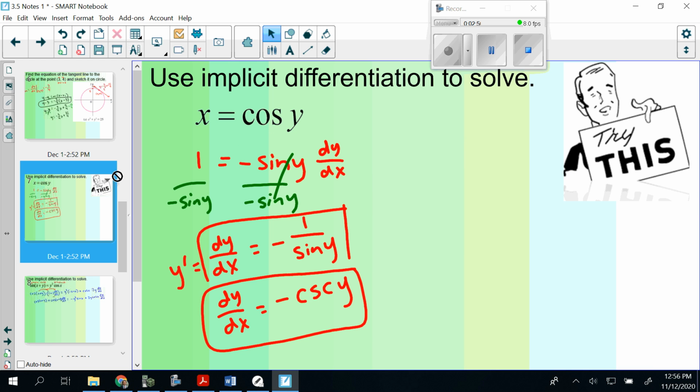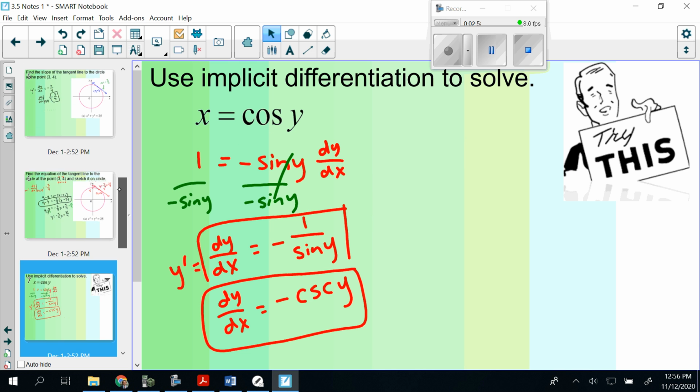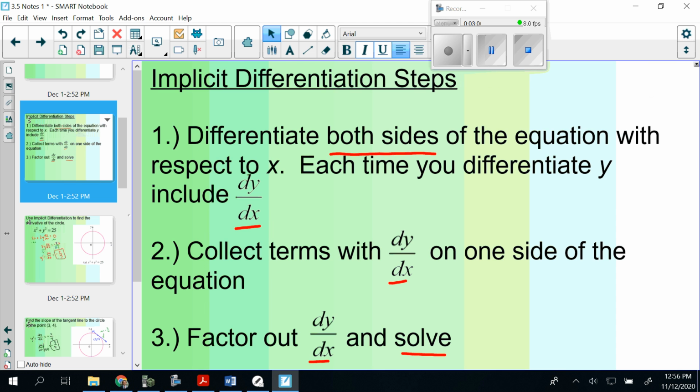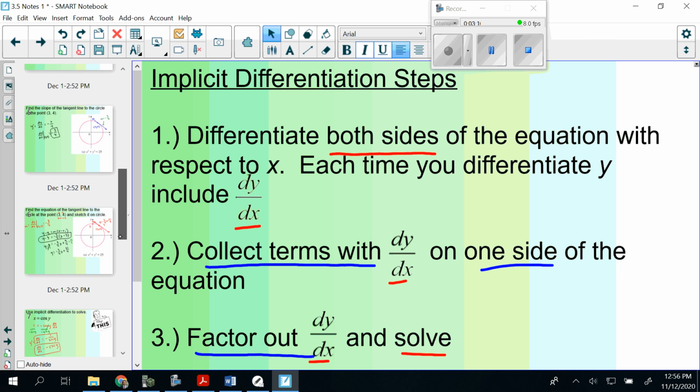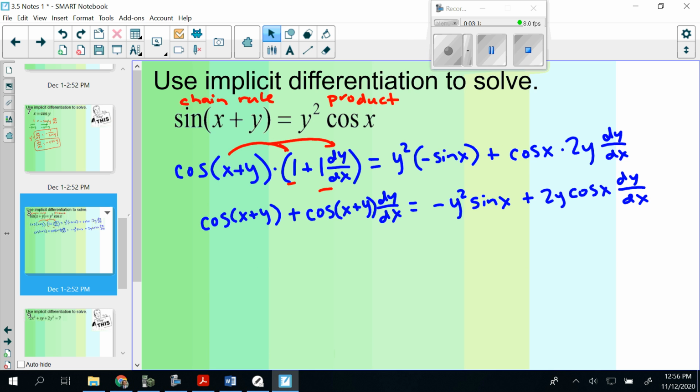So going back to the guidelines we had, when you have more than one dy dx, you want to collect those terms on one side of the equation, and then we're going to factor out that derivative. So that's going to be necessary on this problem.